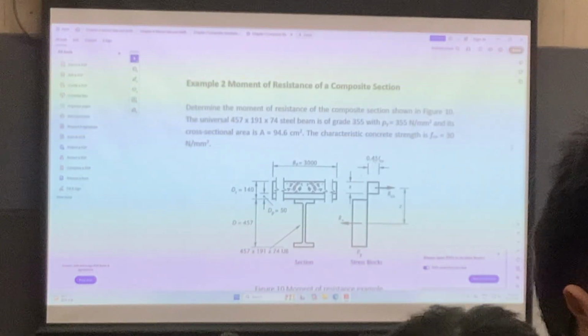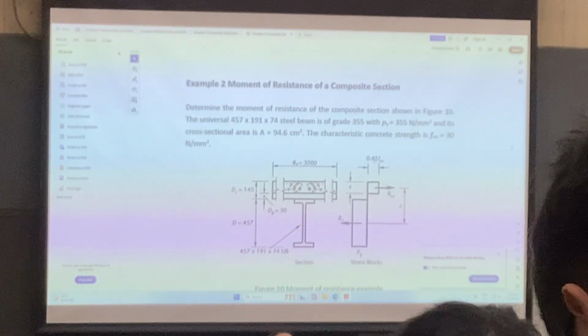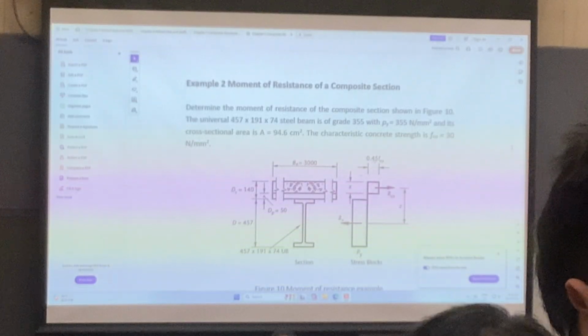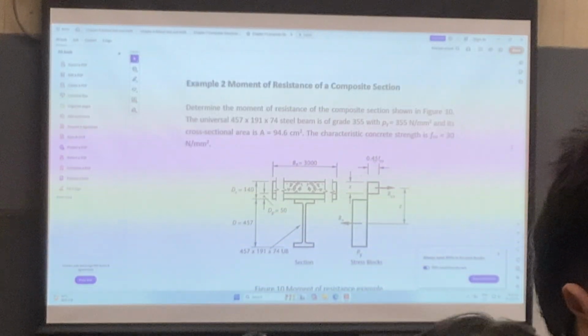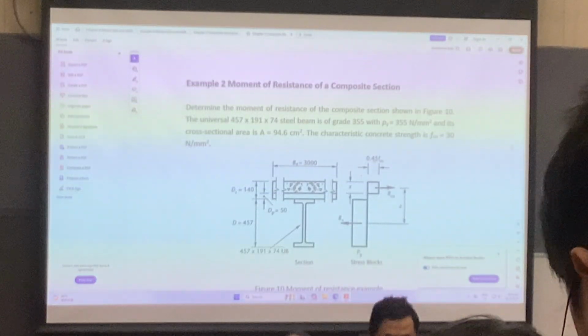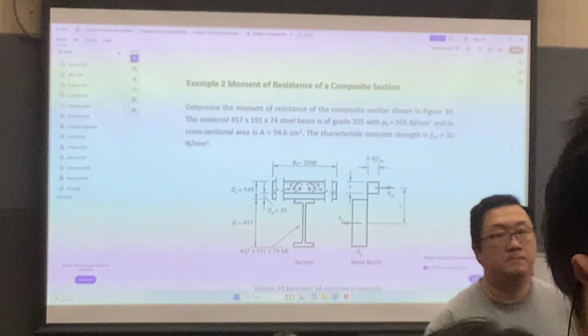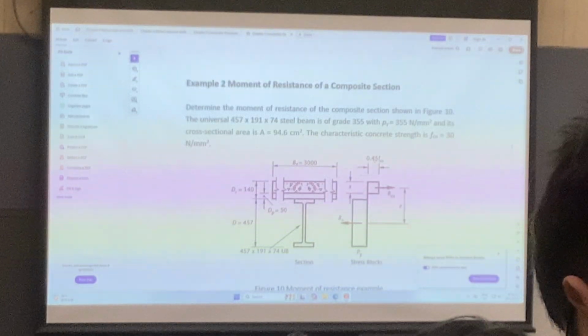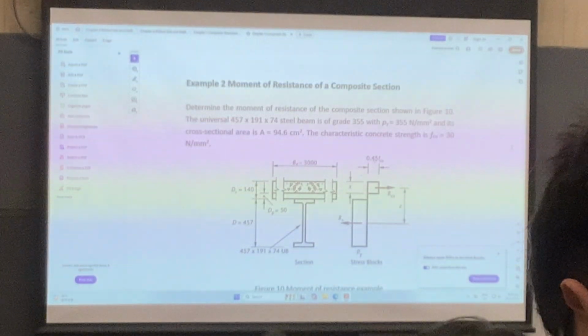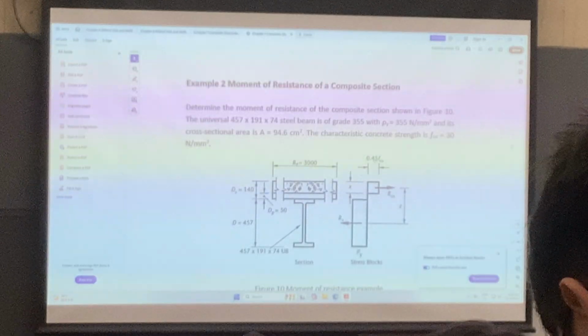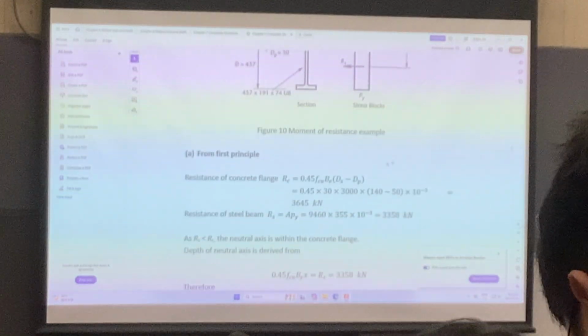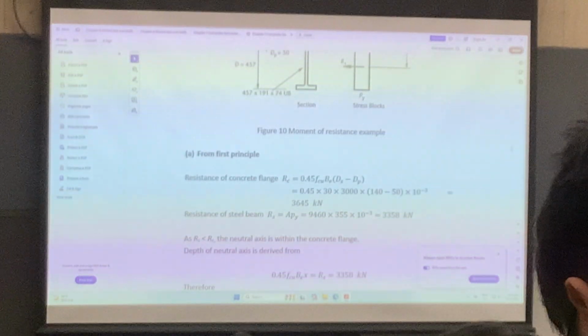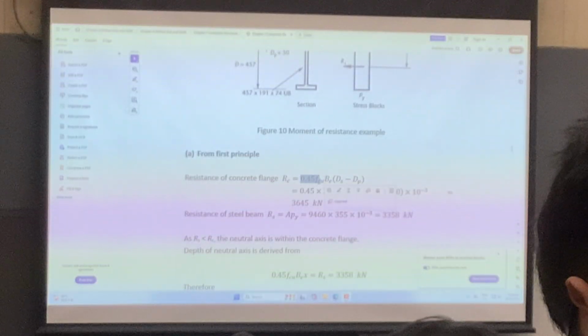So I think we have this section before, and then we can take a look at what is the moment capacity of this composite beam, okay? To define which equation to be used, we need to find out the value of RC and the value of RS. For the RC, it is equal to 0.45 FCU times the width of the beam.